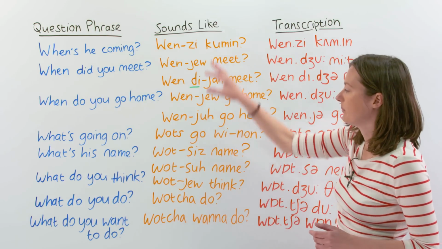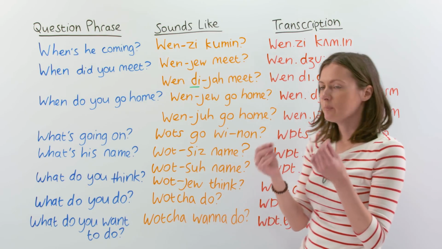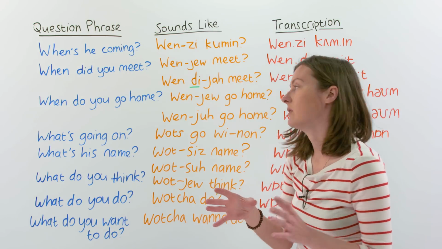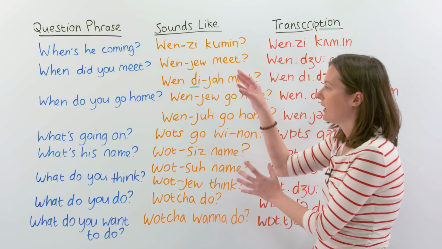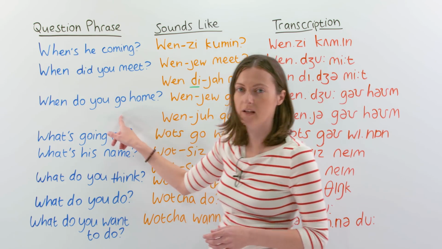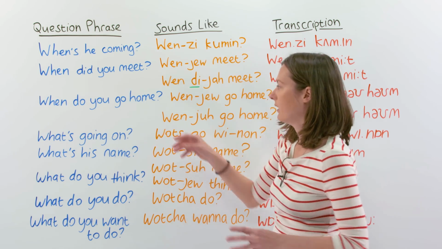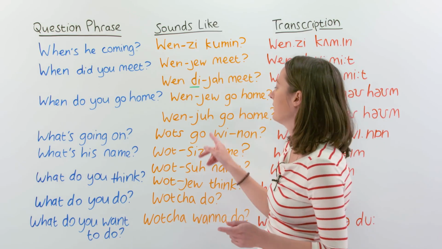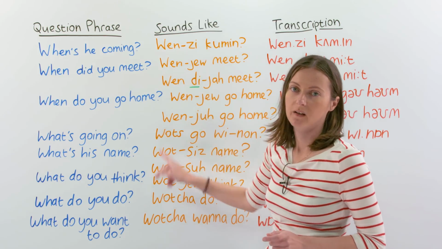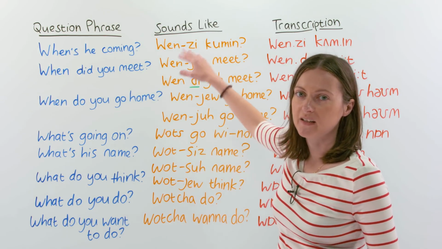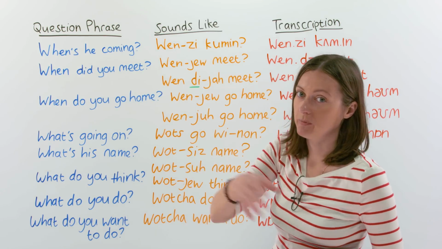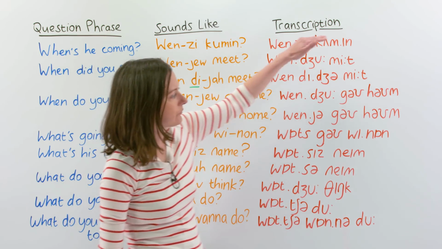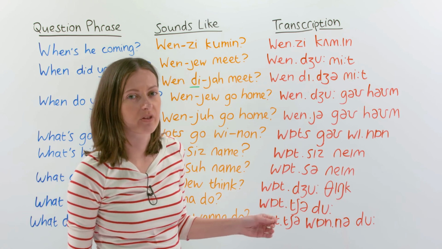And this column here is the closest we can get to describing the sounds, still using the English alphabet. But we can only get so close to it because the English alphabet doesn't have letters for every sound in English when we're speaking. So that's why we have this column, which is IPA Transcription.